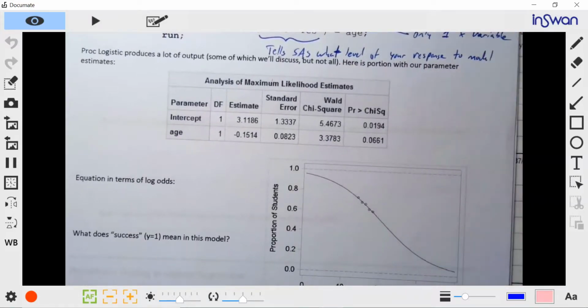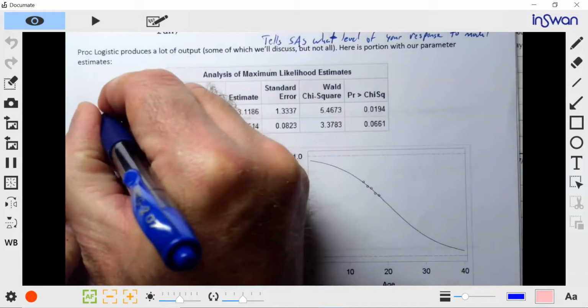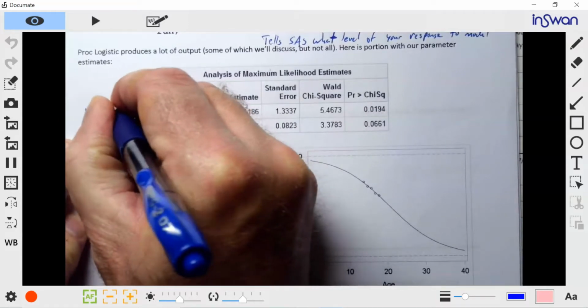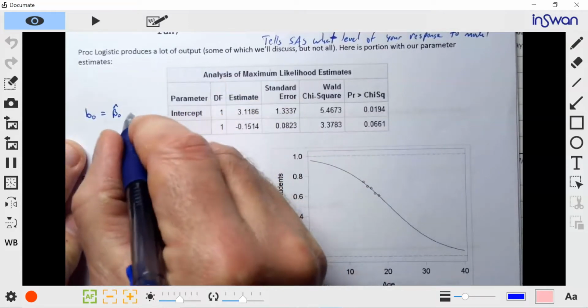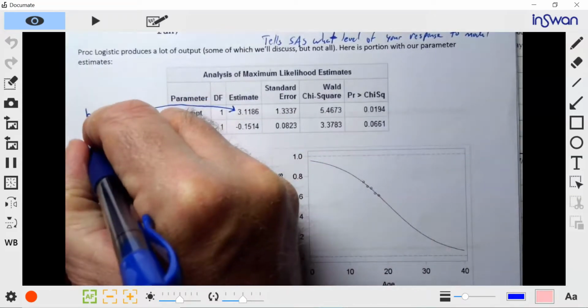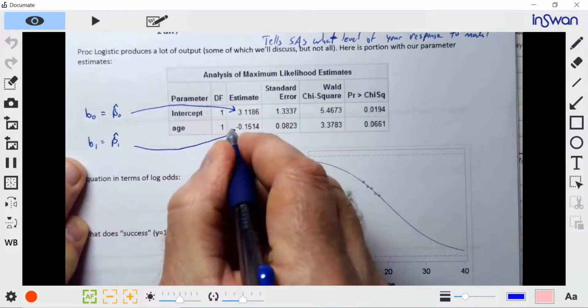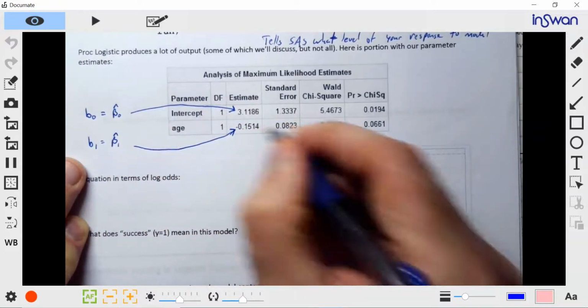So here is our table of parameter estimates, and just like we did for simple linear regression, we can call this B0 or we can call this beta 0 hat. This is my estimated intercept, B1 or beta 1 hat. This is my estimated slope on age.